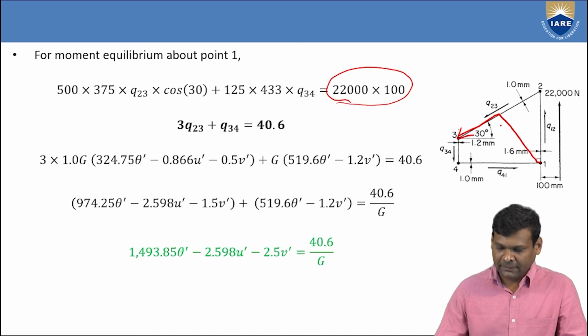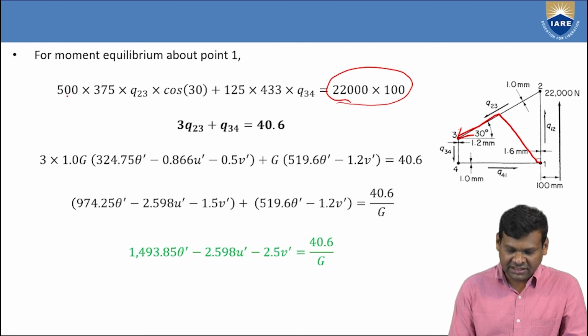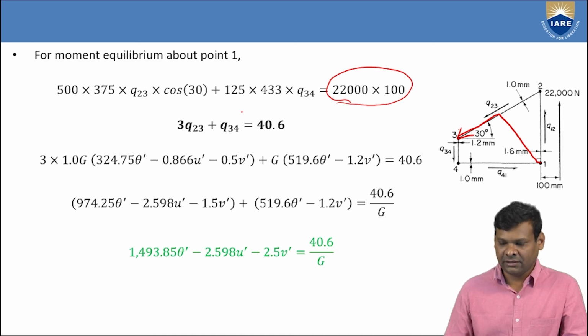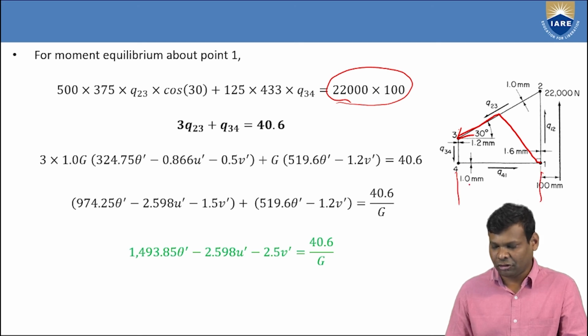Force into the perpendicular distance. This is 500 into 375 into Q23 into cos 30. This is the contribution of moment, plus 125, this is the total length, into perpendicular distance 433 into Q34.